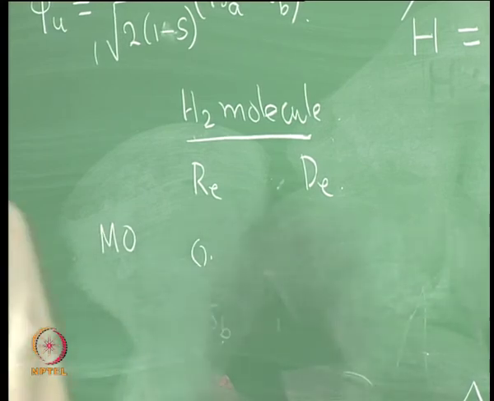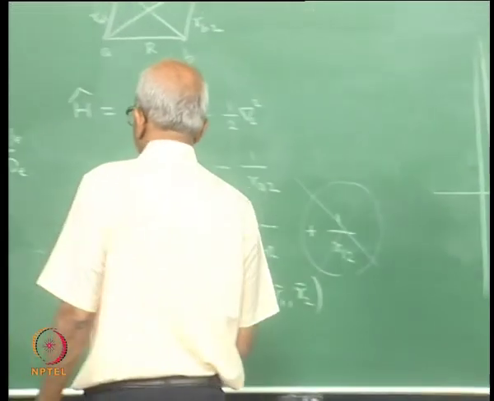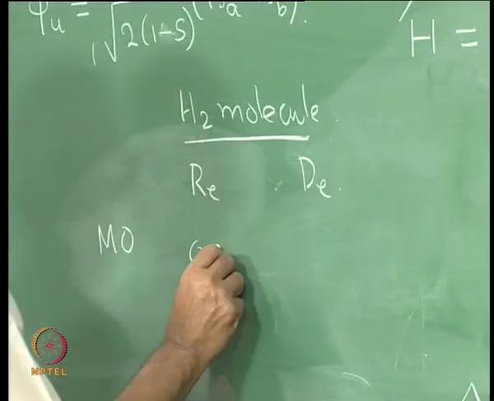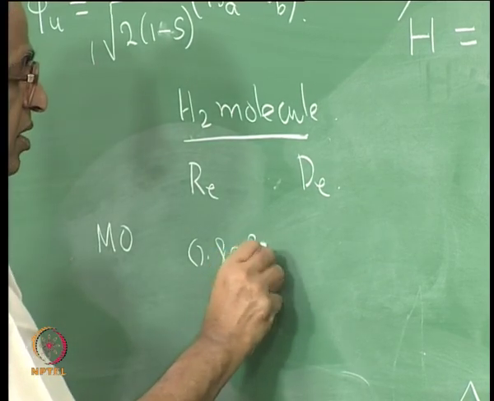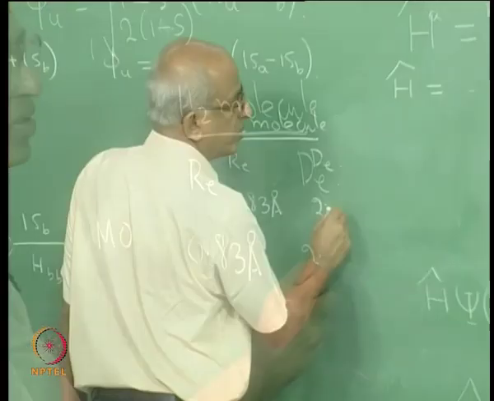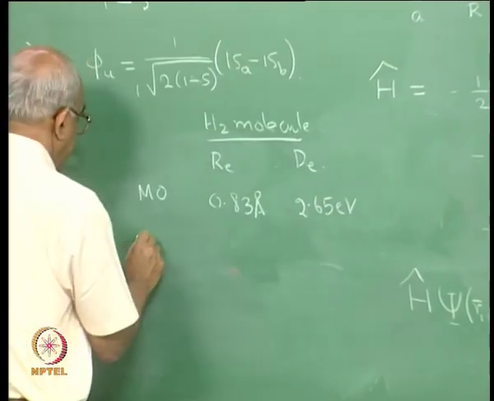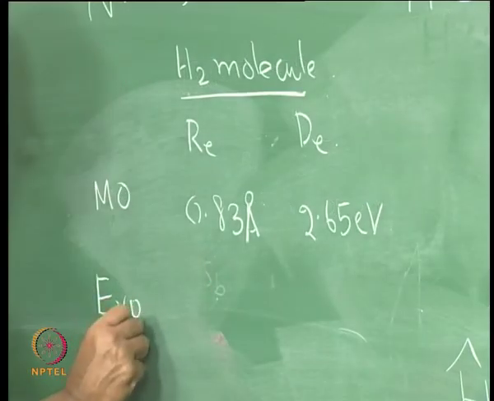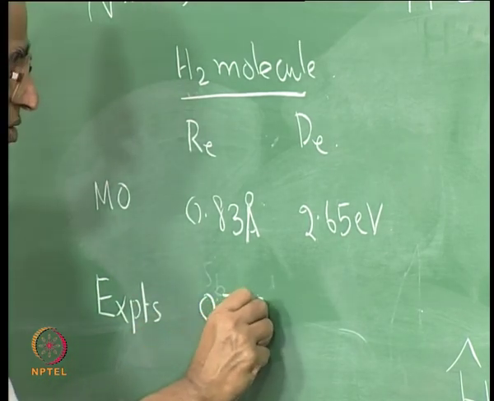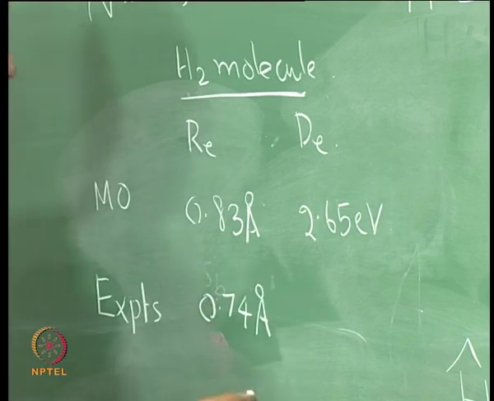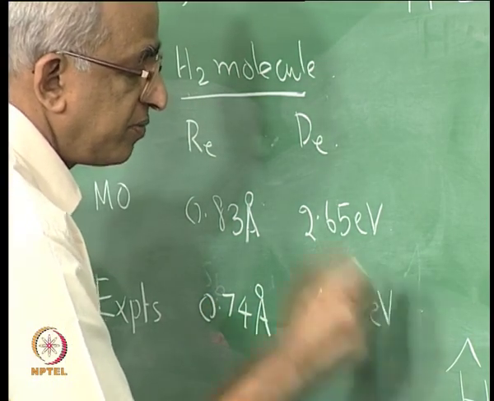The theoretical calculation gives 0.83 angstroms, and dissociation energy is found to be 2.65 electron volts. In comparison, the experimental values are 0.74 angstroms and 4.72 electron volts.